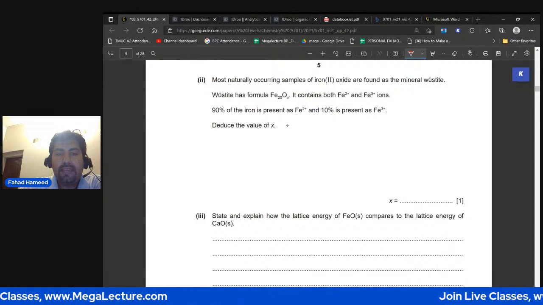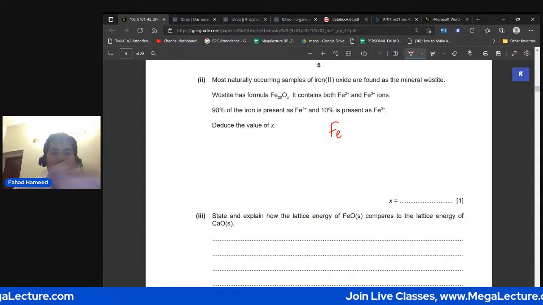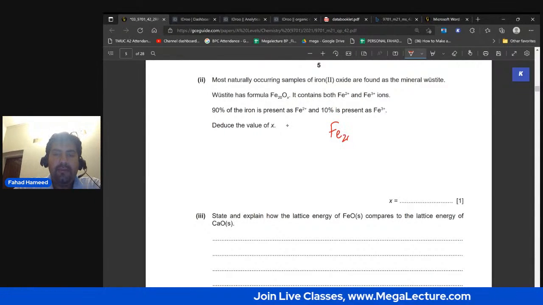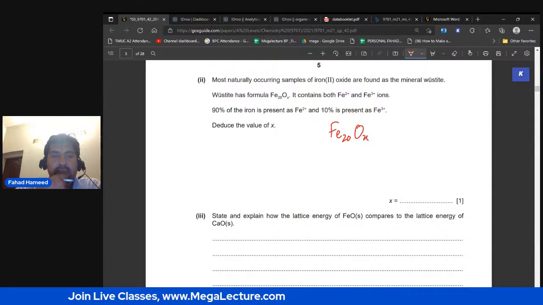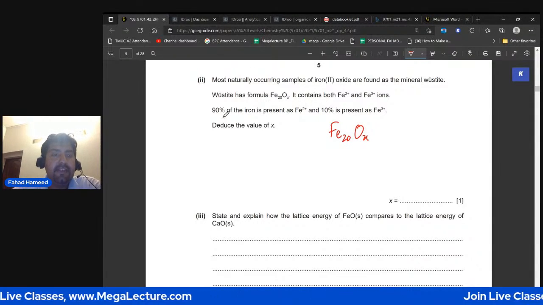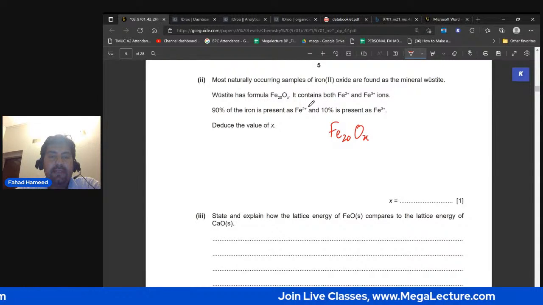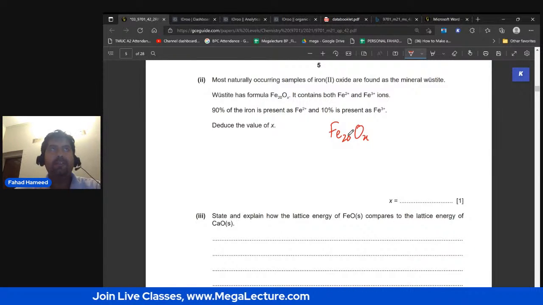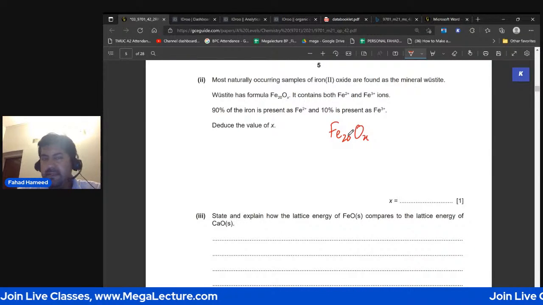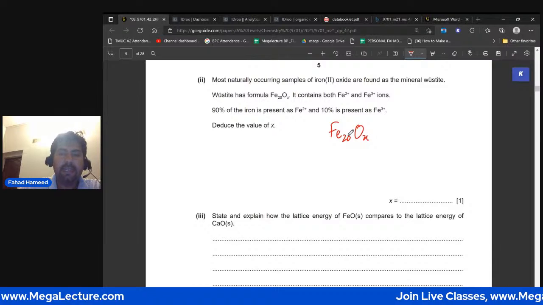So it's Fe20 and OX. He's already told you that 90% of the iron is present as Fe2+. So I've got 20 irons. What is 90% of 20? That's 18.